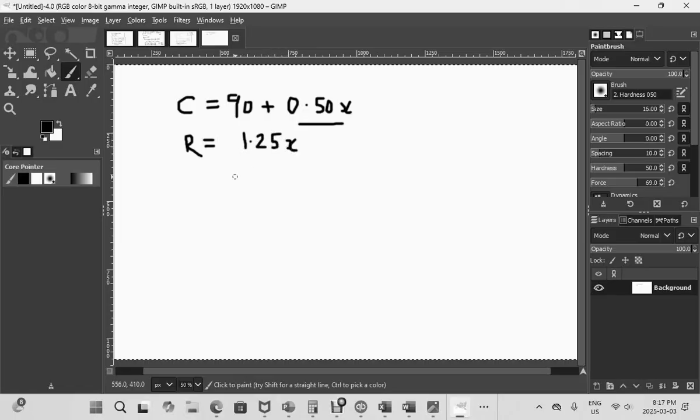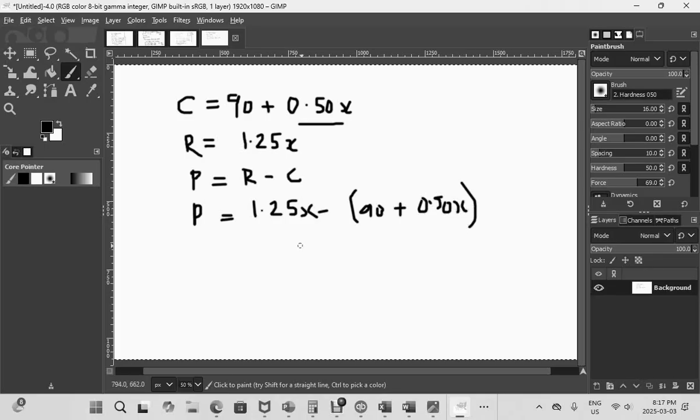All right, so if we sub in the values, you can figure out your profit. So your profit equals your revenue take away cost. So profit equals 1.25x minus 90 plus 0.50x.